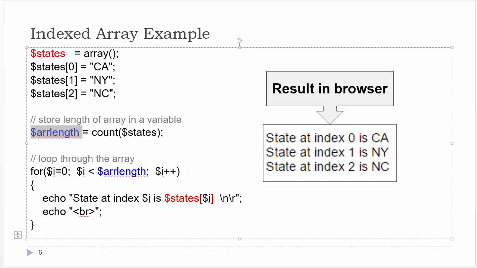Now in my for loop, because arrays are indexed starting at 0, a for loop works very well. We will initialize our counting variable at 0, and we will set our condition: i less than array length, our variable that holds the length, and then here's our increment counter. And you always want to just use an echo to test what you have before you start actually working with it.